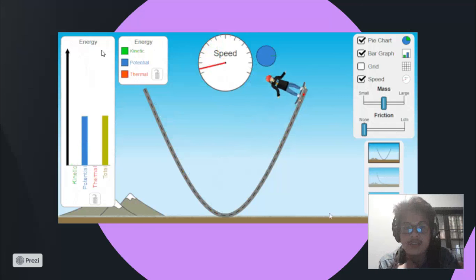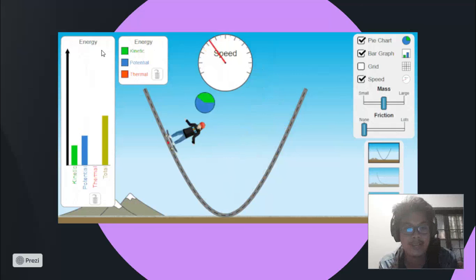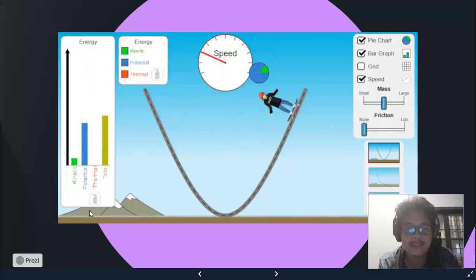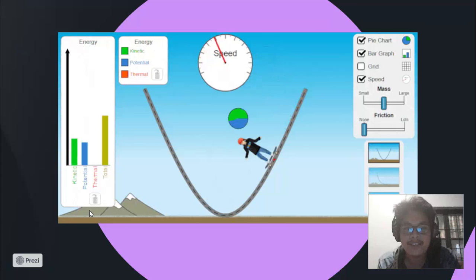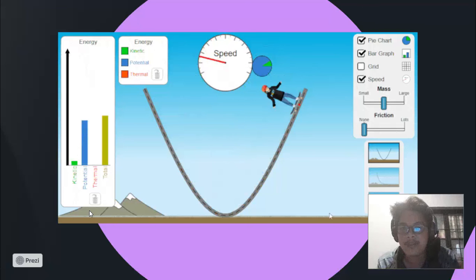Then we have the potential energy, which is the blue one in our bar graph on the left, while the kinetic energy is the green one. Also in our pie graph, you can see that they are simultaneous. The pie graph and bar graph represent them.